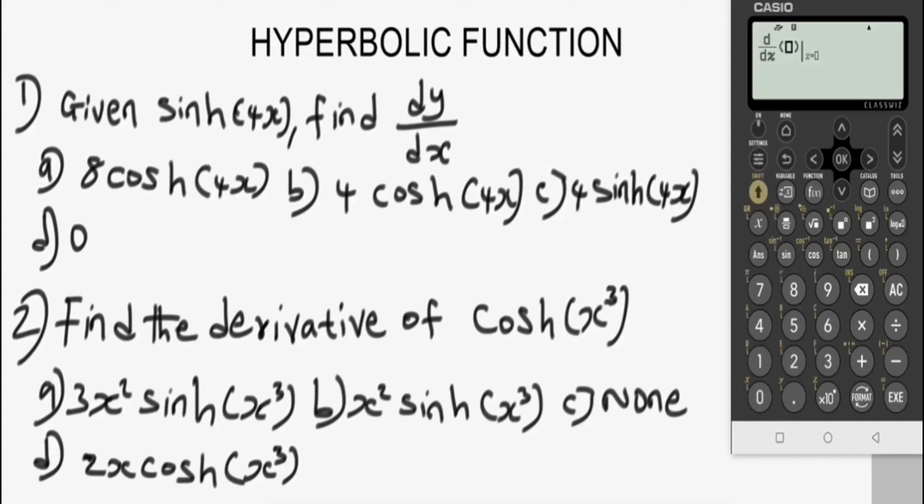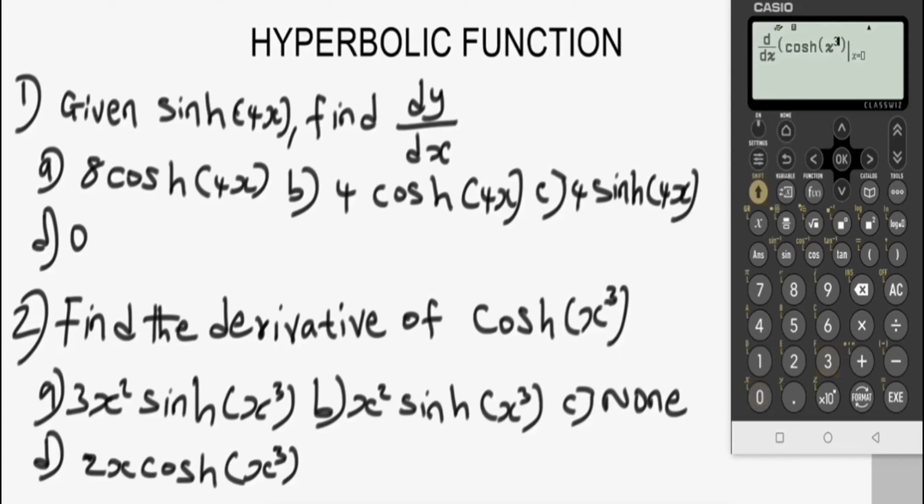So you press this catalog button for hyperbolic functions, go down. Okay, so in this hyperbolic function, this number 1, we have cosh x, then I press shift and this 0 button for the power 3.